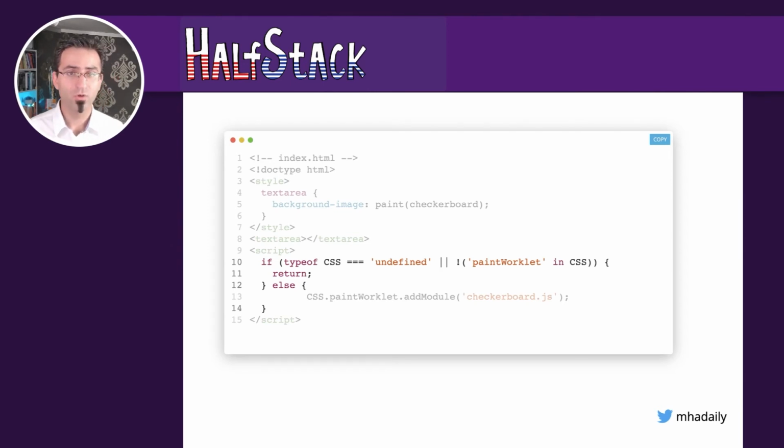Once you do that, you can simply add this JavaScript file, this registered paint class, into the paint worklet as a module. And then once you do that, you can paint it. You can simply say paint in CSS, and then it will paint it.